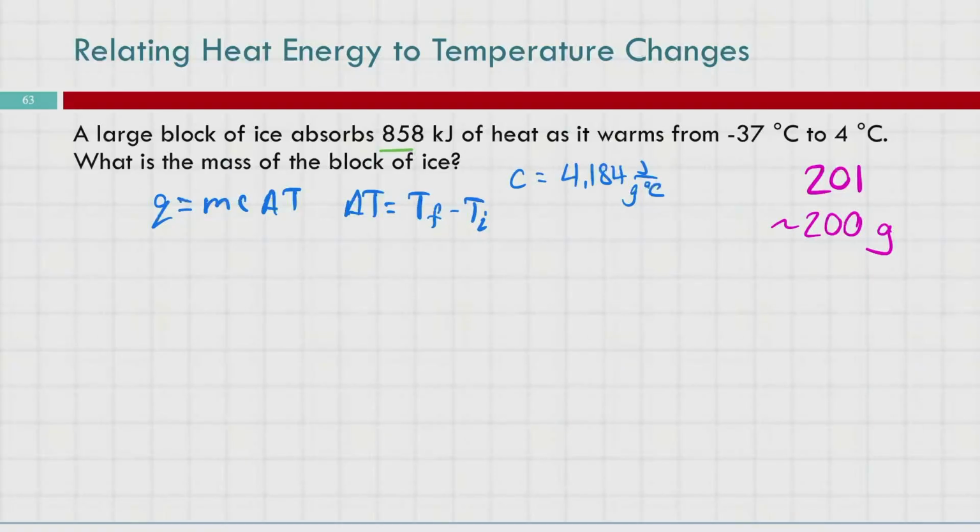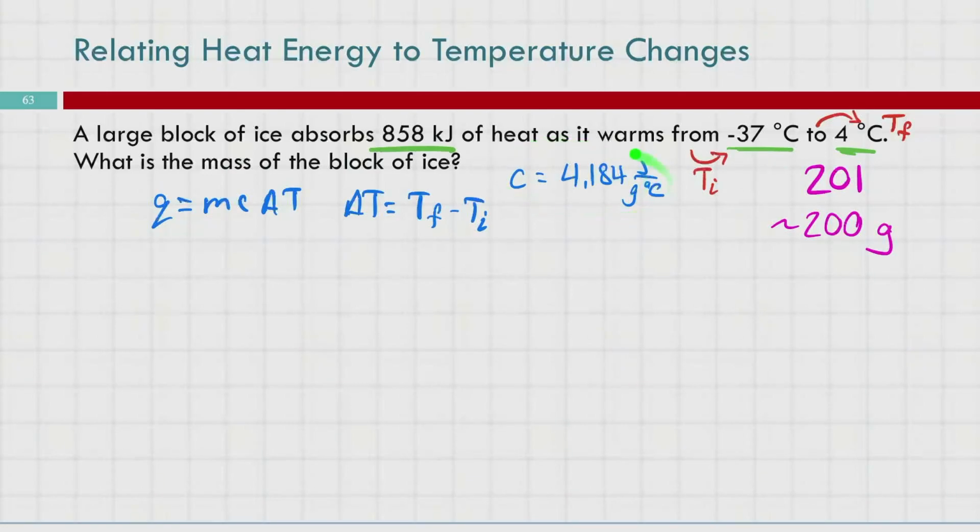So we're given some information. We're given kilojoules of heat. We are given some temperatures. Again, using our keywords, this is our initial temperature of negative 37 degrees Celsius, and 4 degrees Celsius is our final temperature.